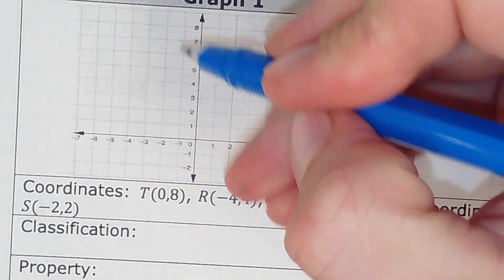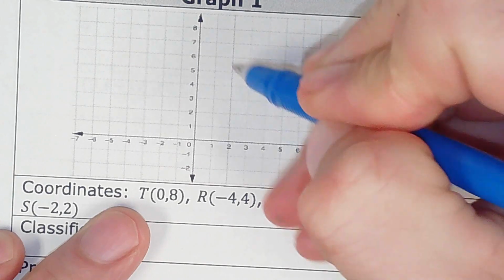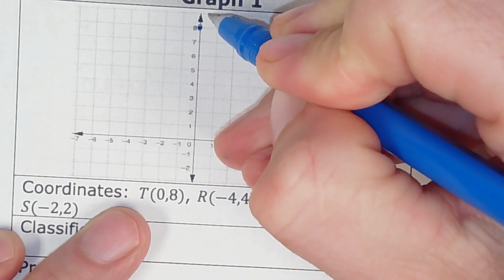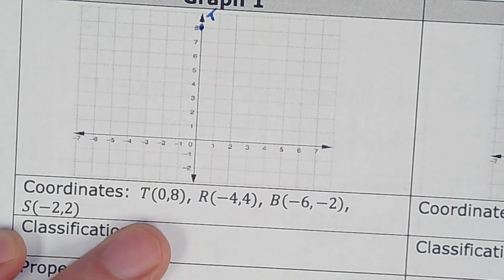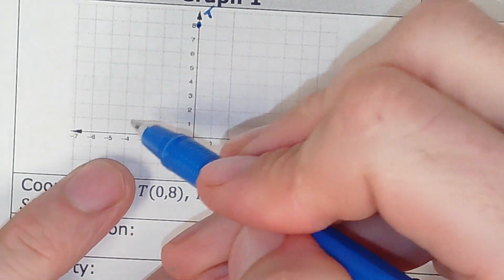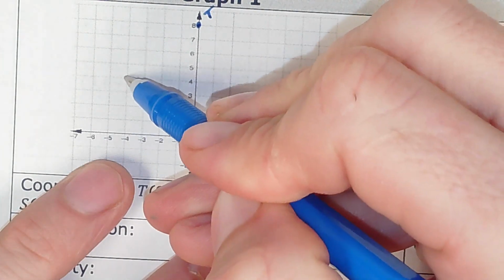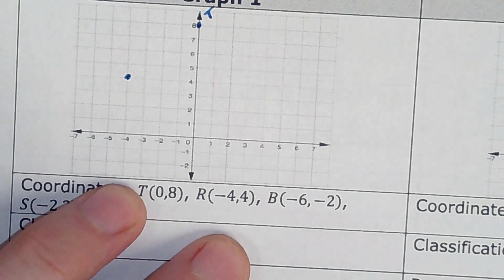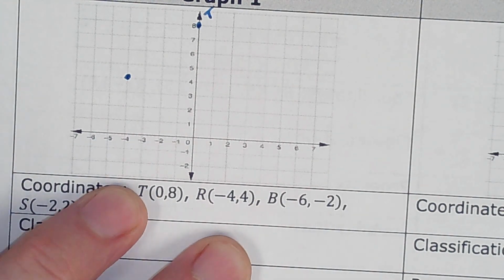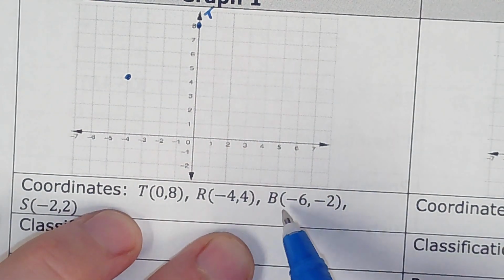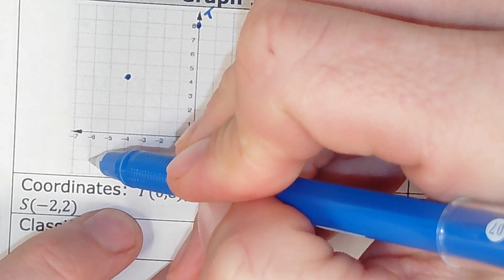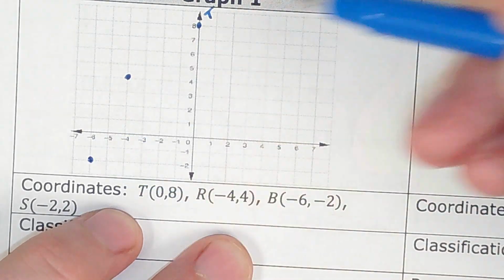So point T is (0, 8), so it's way up here. This is point T. Then point R is (-4, 4), all the way up there. Sorry, this is point R. Then we have point B, which is (-6, -2), down here.